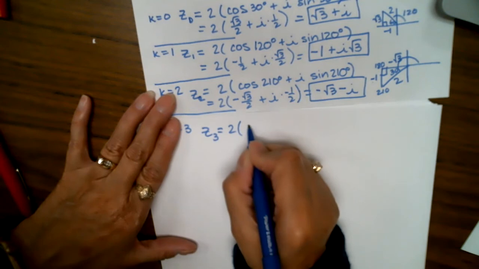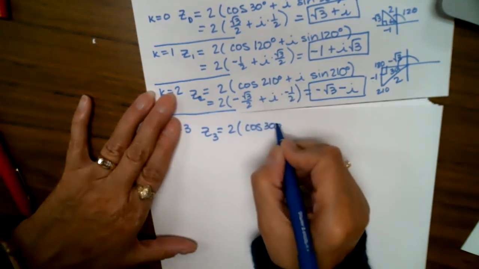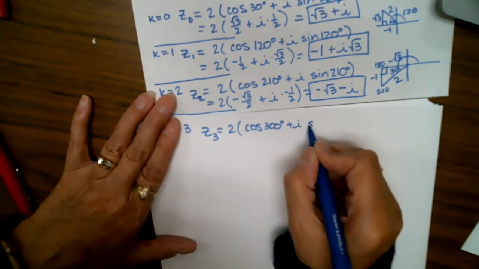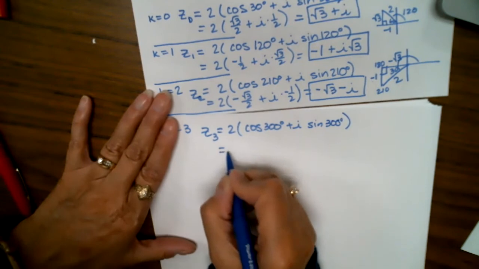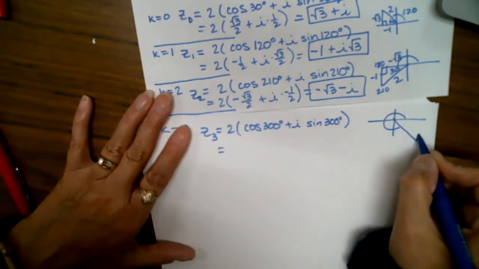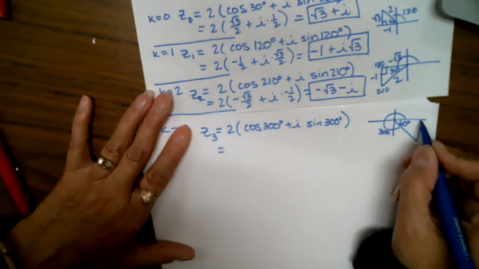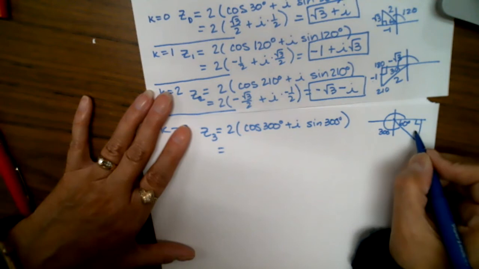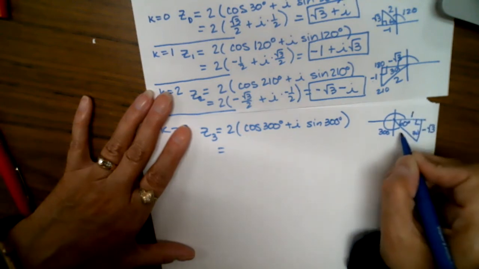That's 2 times the cosine. Add 90 to that, and that's going to be 300, plus i times the sine of 300. 300 degrees is going to leave 60. Across from the 30 is 1, negative square root of 3, and 2.